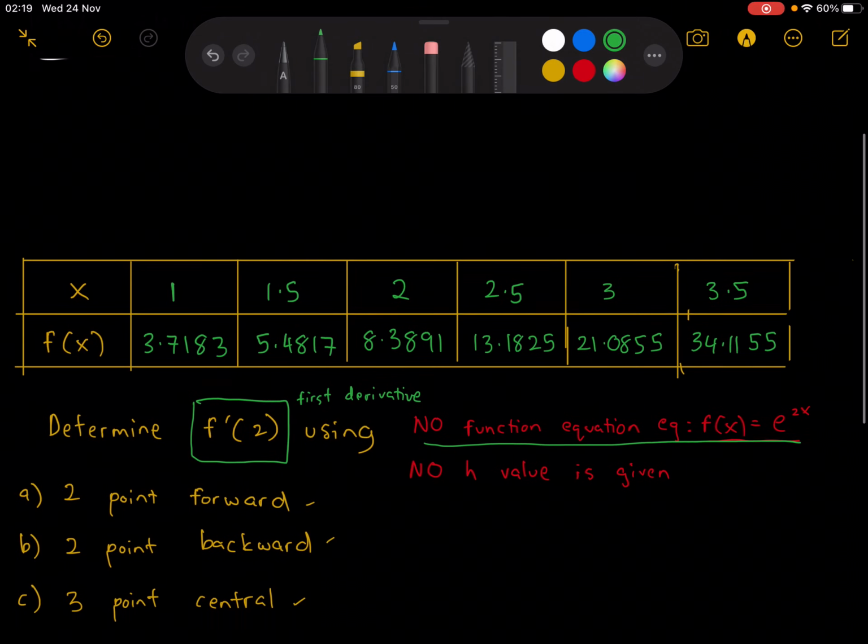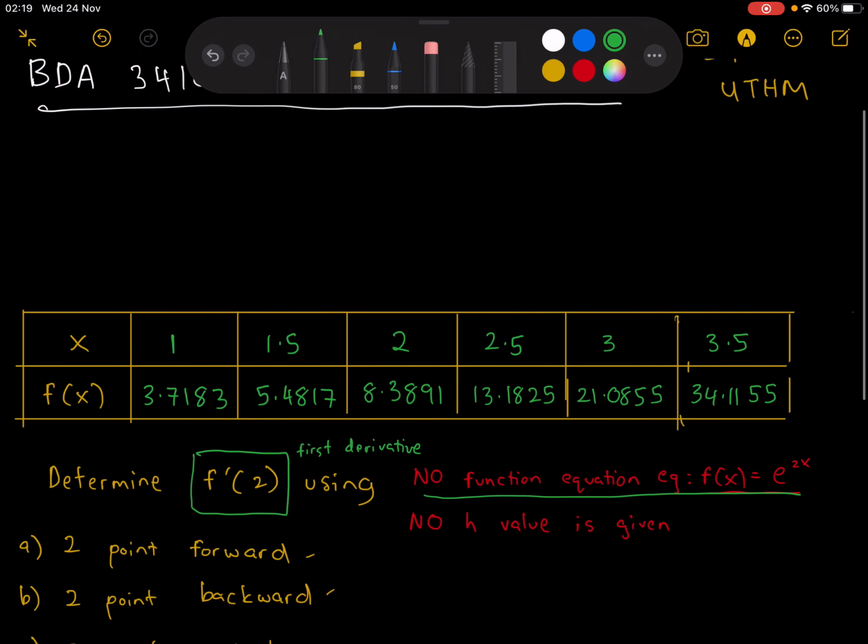So if I simplify this data, let's say I plot this data as points: point 1, point 2, point number 3, point 4, point 5, point 6. Let's say I draw a line here that connects all these points.